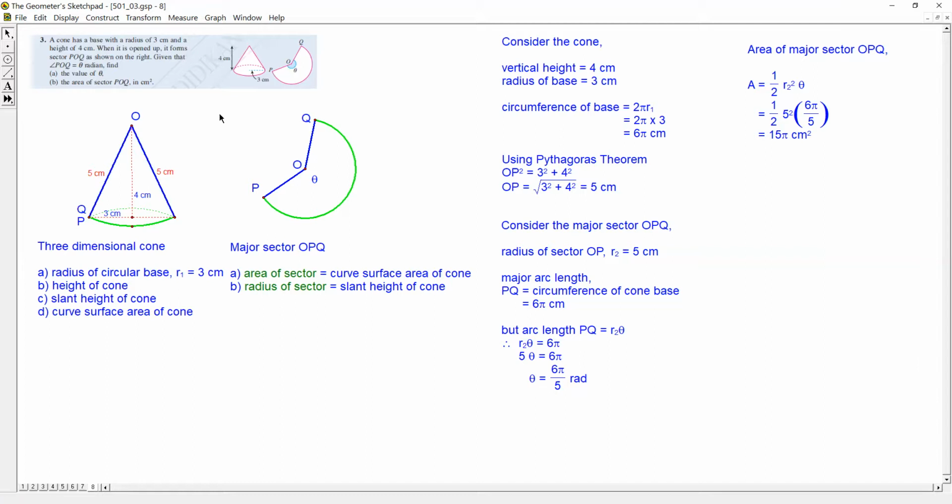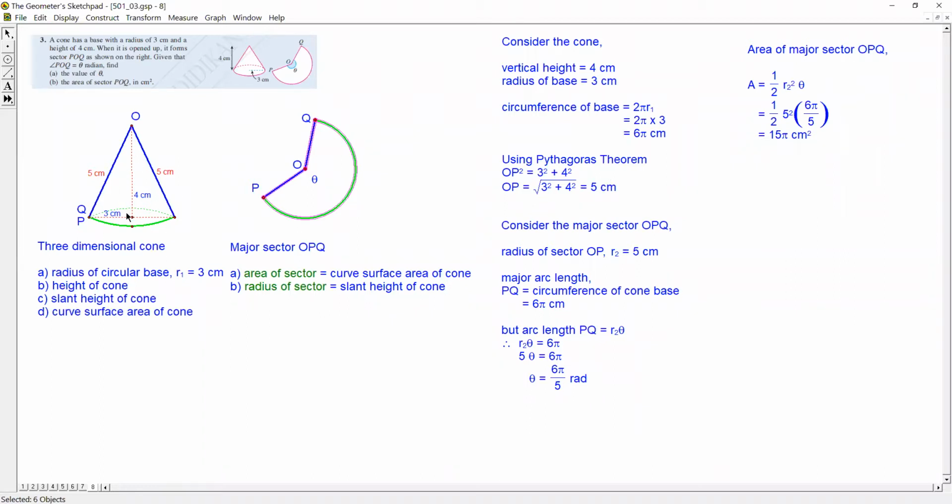Okay. So if no problem, then we open up the cone and it becomes a sector. So this is the sector, right? Over here, I tell you two things. The area of sector, that means this white color part, is the curved surface area of the cone.